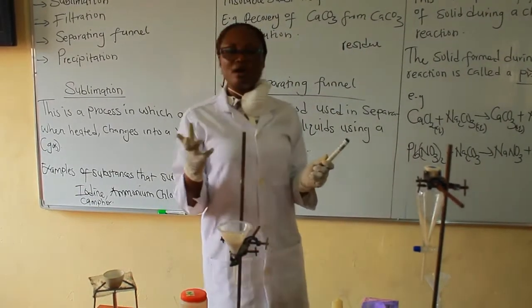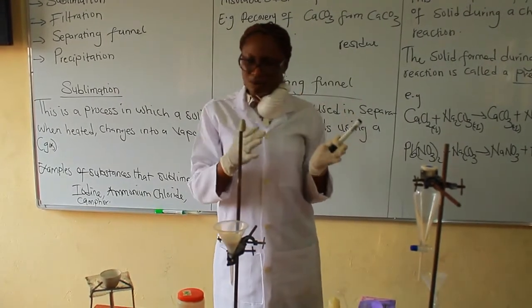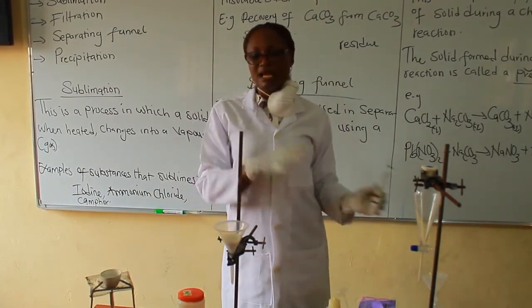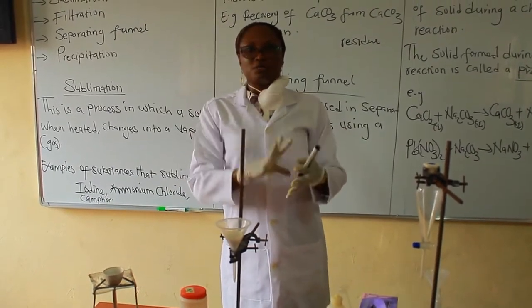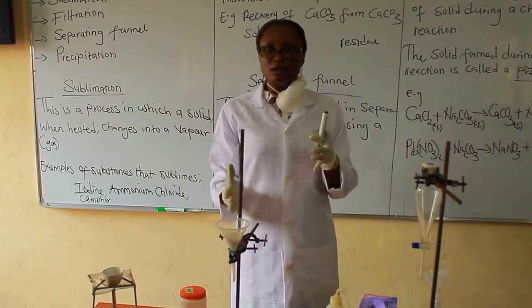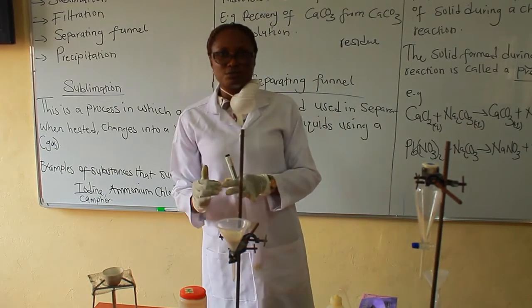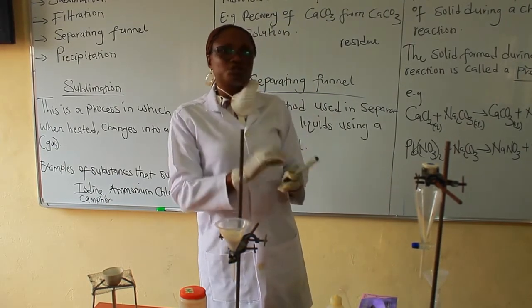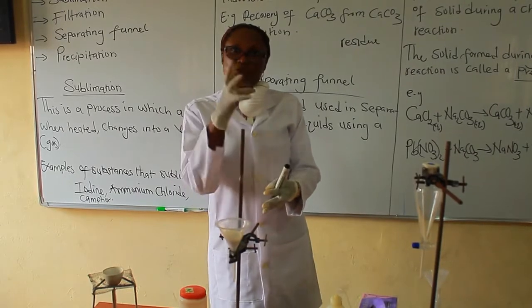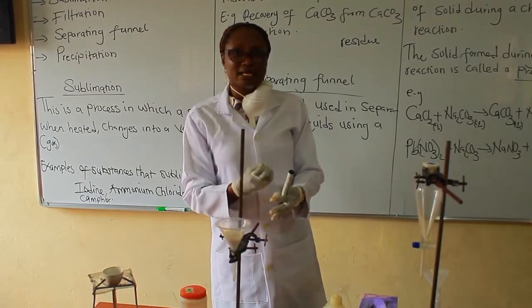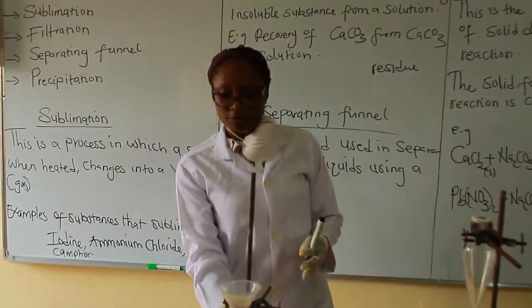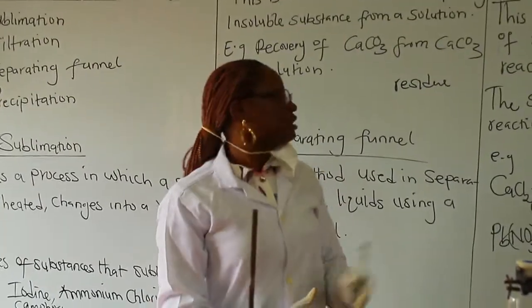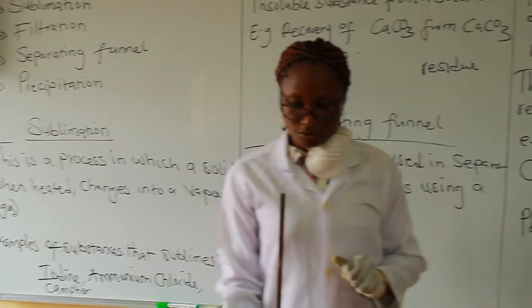And sometimes, I think it was this year, they asked them to draw a filtration process and also explain the filtrate and the residue. So the residue is the one that stays on the filter paper, the solid substance you later get, while the liquid substance that passes through the filter paper, through the funnel, and into the beaker is the filtrate. Take note of that.